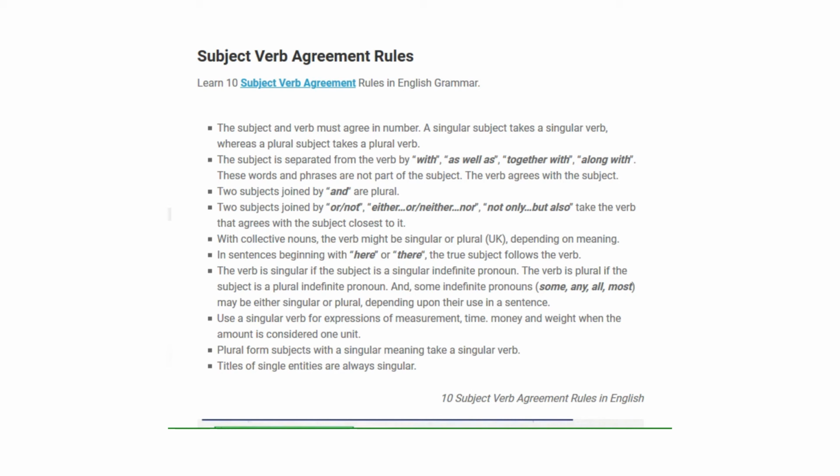Some indefinite pronouns, some, any, or most, may be either singular or plural, depending upon their use in the sentence. Next one. Use a singular verb for expressions of measurement, time, money, and weight when the amount is considered one unit. Next one. Plural form subjects with a singular meaning take a singular verb. The last one. Titles of single entities are always singular.